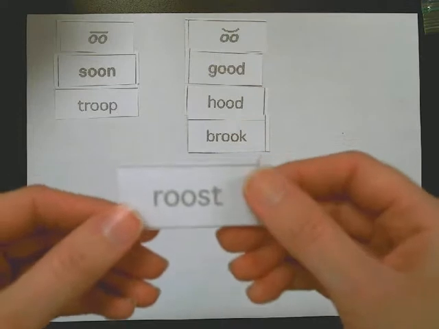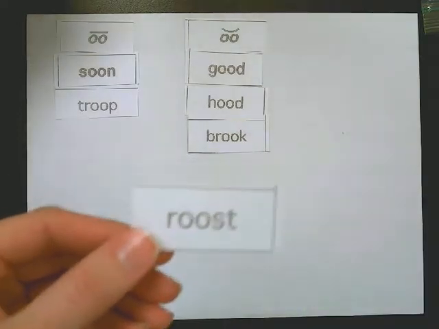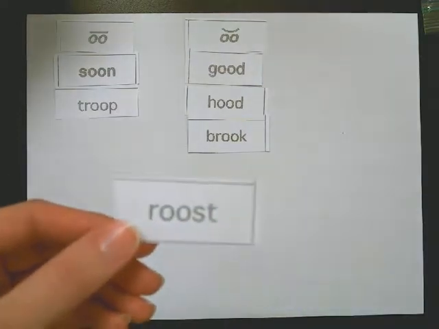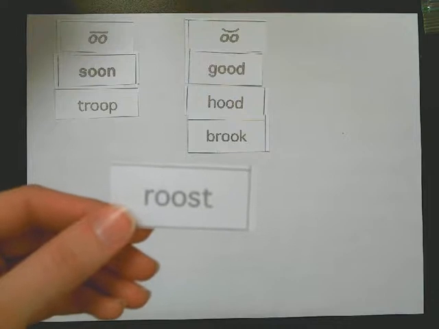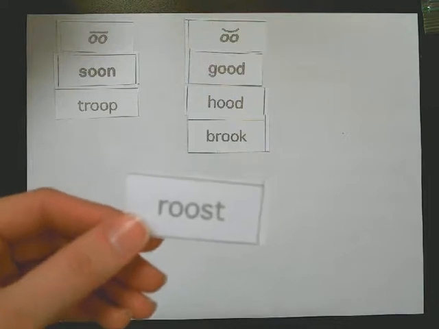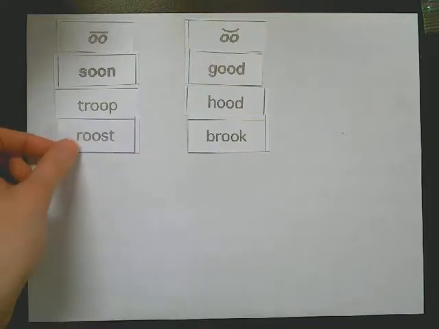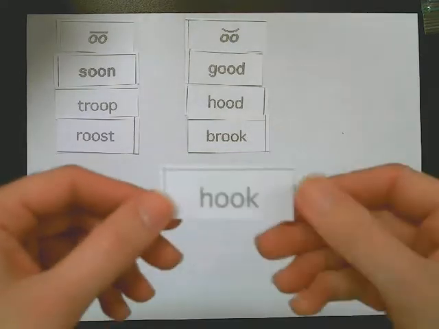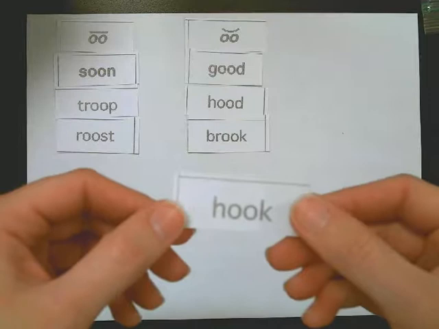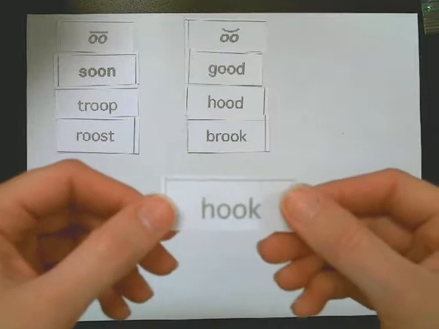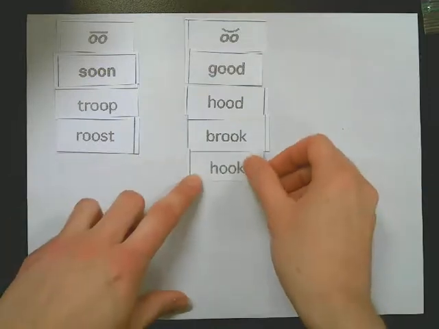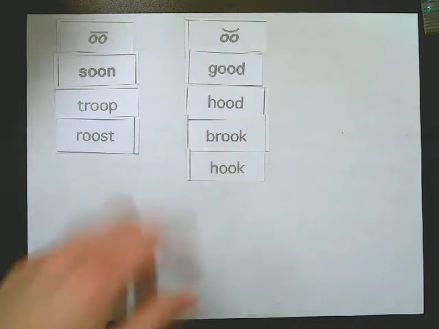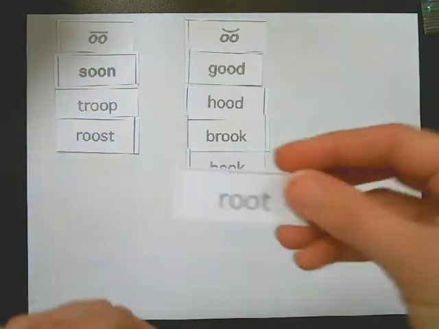Here's the word roost, like a chicken might roost in a nest. In this word, we hear the ooh sound like in the word soon and troop. Here's the word hook. We hear in this word the sound like in good or hood or brook.